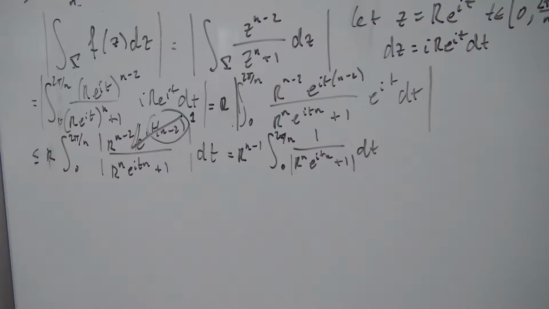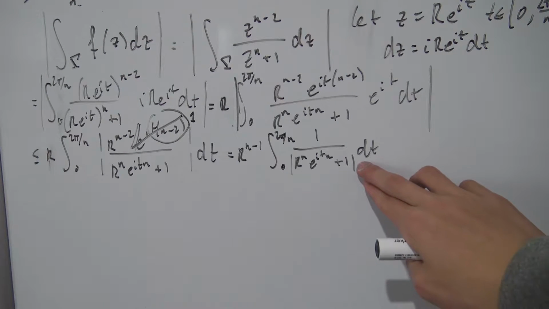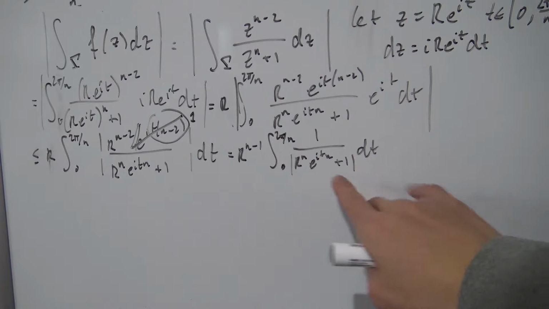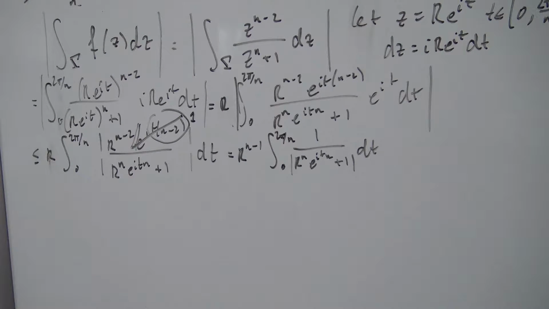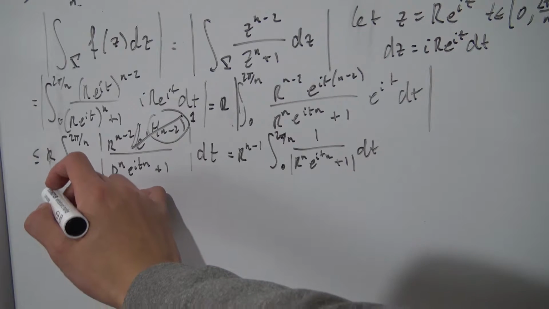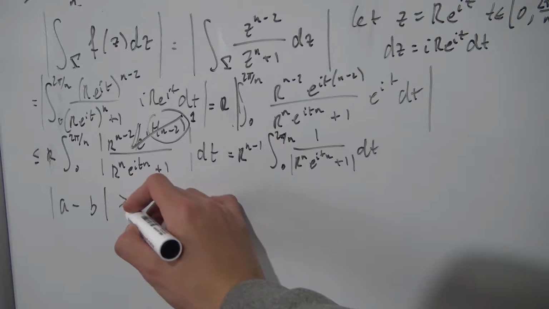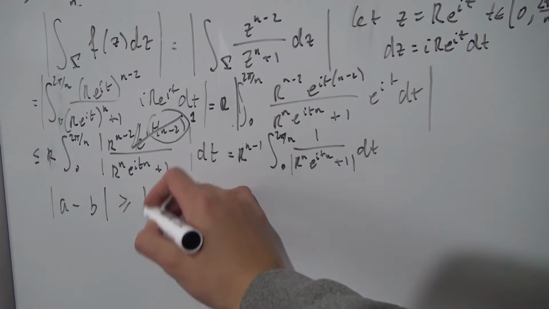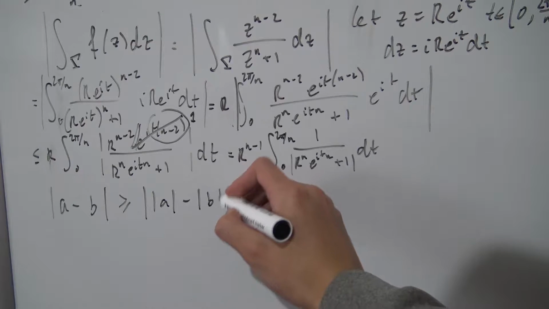All right, so from here, how can we further estimate this integral? Well, we have to take a look at the denominator, because we have the absolute value of something plus something. And whenever you want to estimate something like that, we want to use the reverse triangle inequality. So what does the reverse triangle inequality say? It says that the absolute value of a minus b is greater than or equal to the absolute value of the absolute value of a minus the absolute value of b.